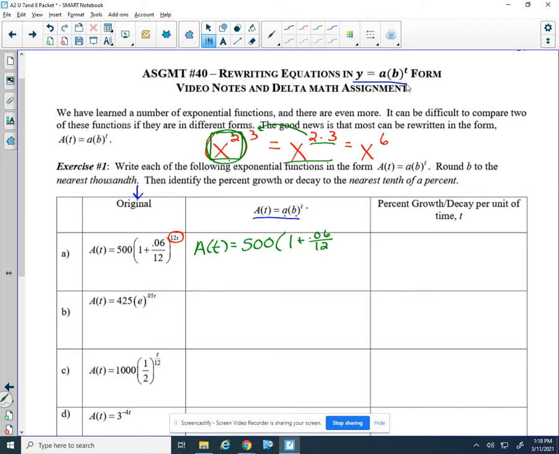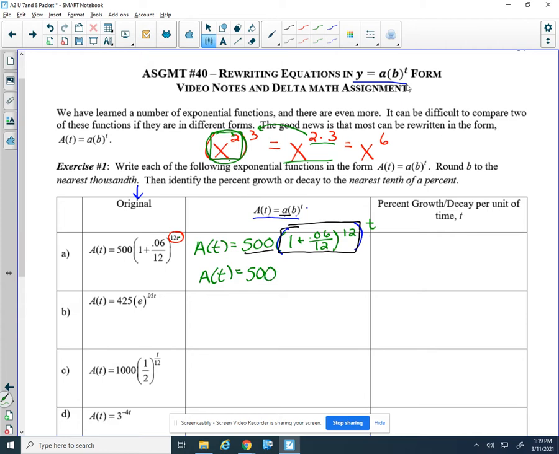I can take this 12 times t and evaluate this and put that t on the outside. To get that, a is already here, and we can type this in to get b. I'm going to get out the calculator; this is pretty simple to type in.